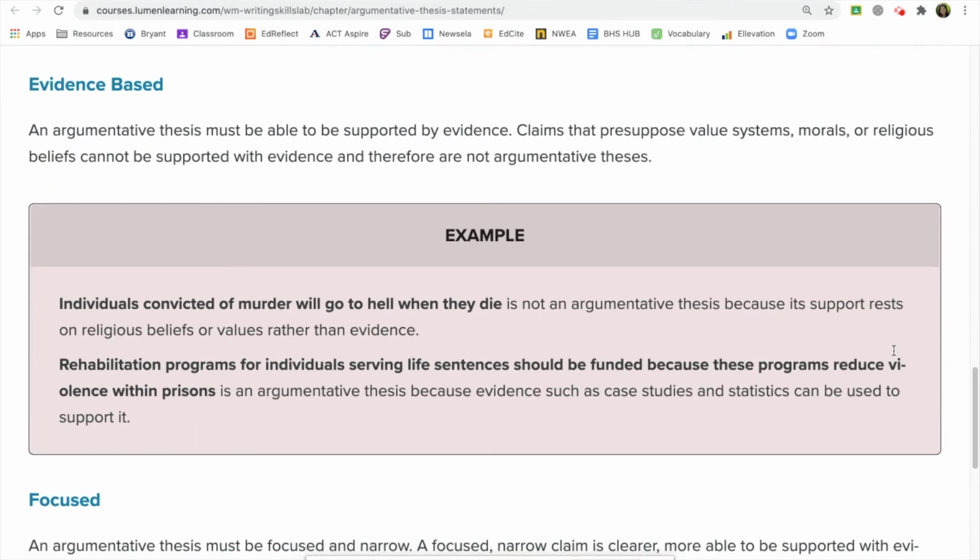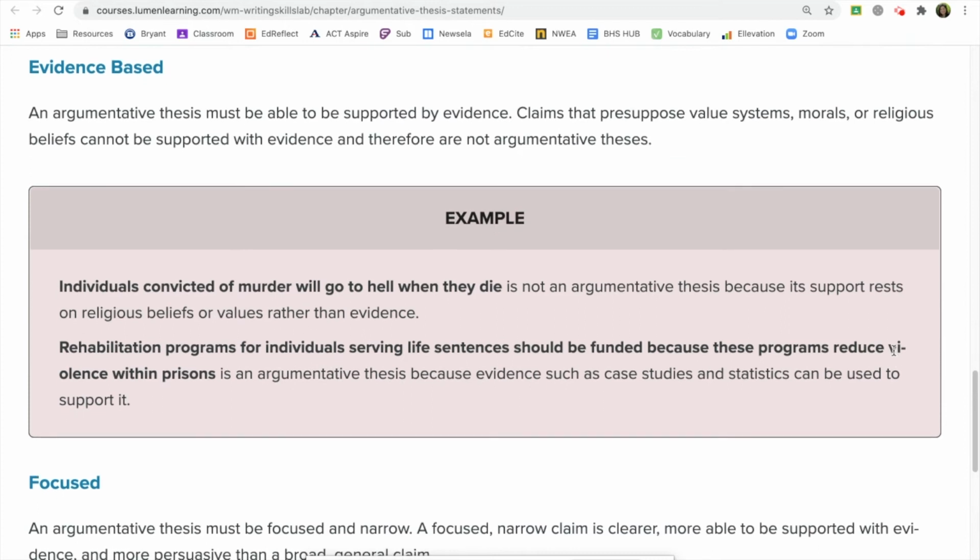Next, your thesis must be evidence-based. This means that you cannot argue for something based on just moral reasons. That makes some of your more moral topics kind of tricky. So you're going to have to find a thesis that you can prove or back up with evidence.